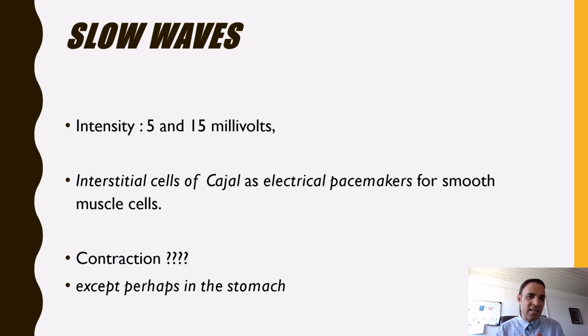And these cells generate the action potentials, generate the slow waves, and this slow wave will be distributed in all smooth muscle. Just like the SA node that we have in the heart muscles.